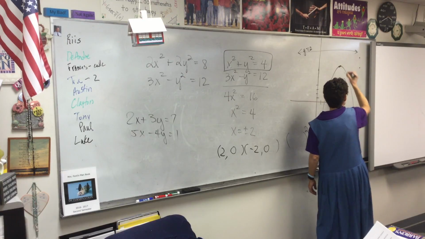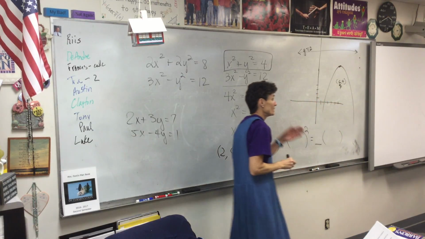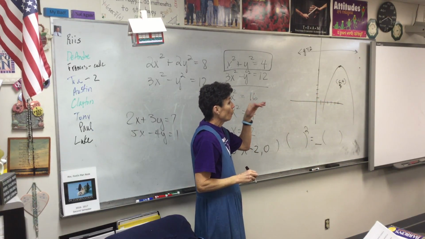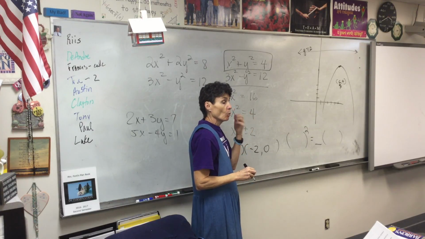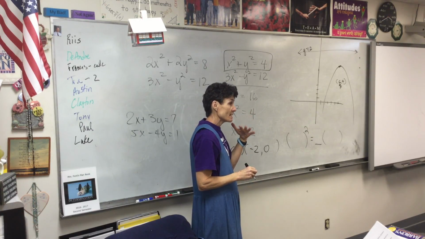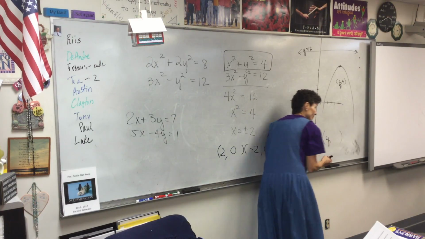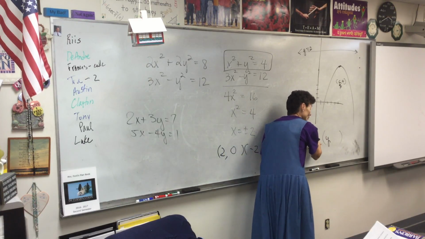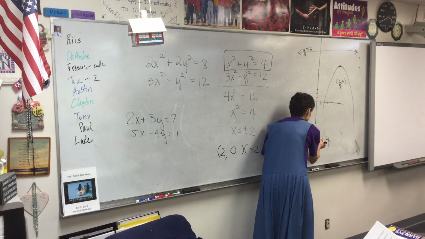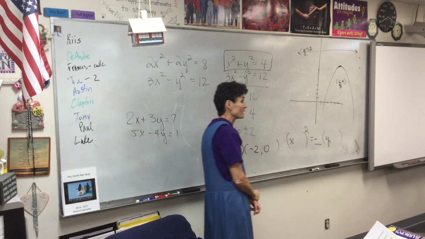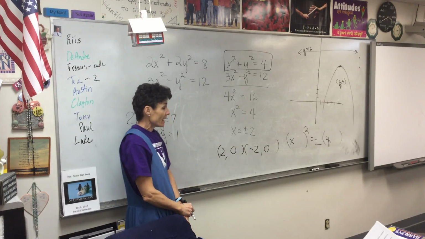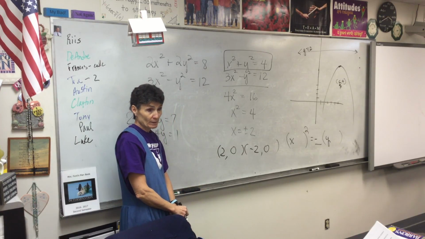Its vertex is in there somewhere. Now, one step at a time. It opens down. So what is squared if it opens down? X. So I have an x here and a y here. And whatever this number ends up being, it has to be negative because down is negative.